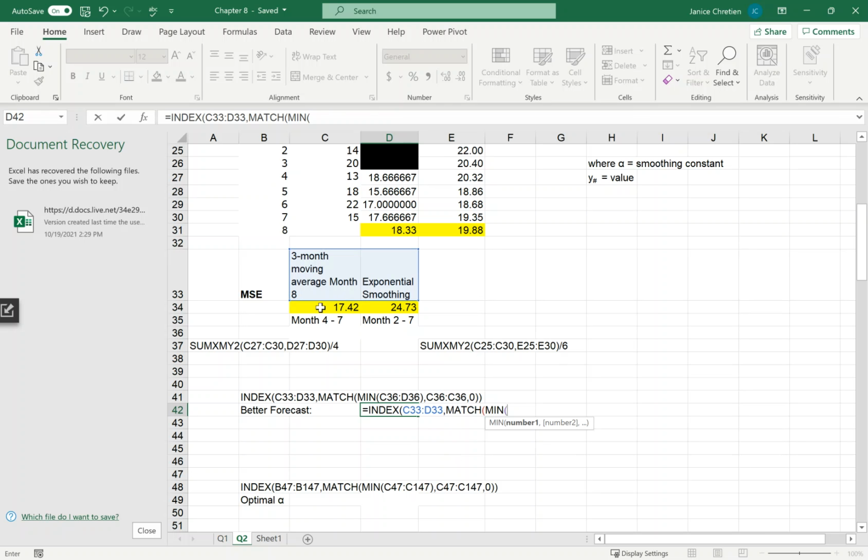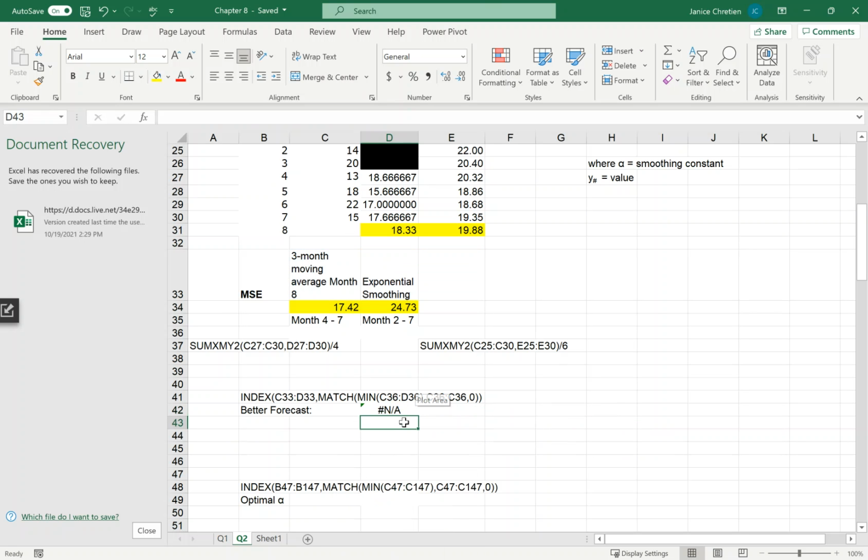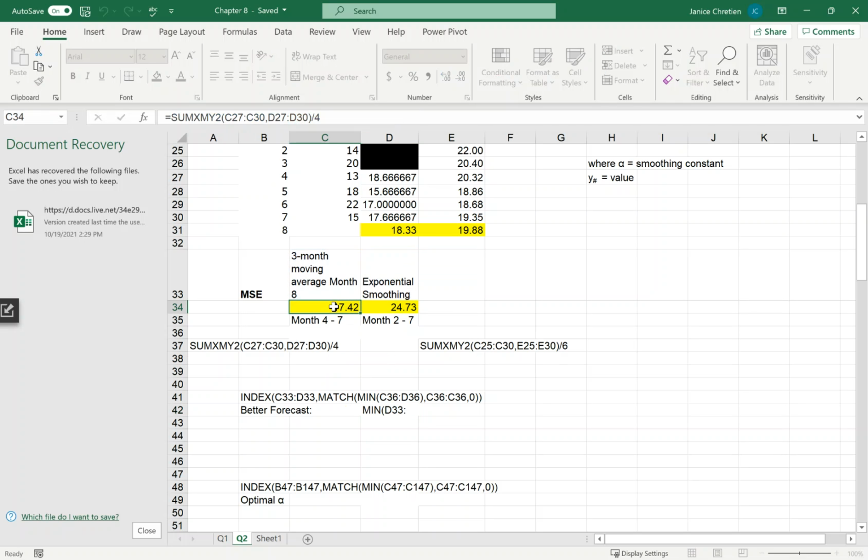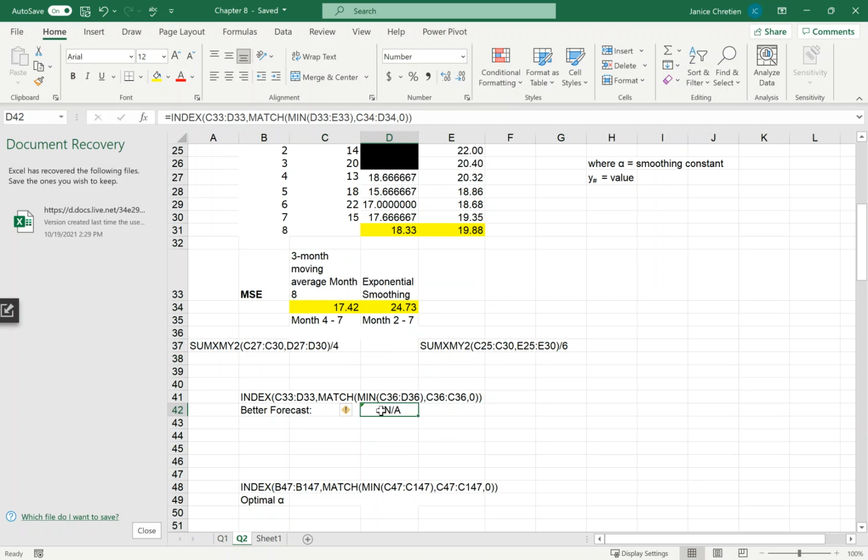So I'm trying to determine between these two numbers. Tell it these two numbers again. Oops, nope, these two. And then comma 0, and what did I do wrong? Earlier I put a period instead of a comma. Match min D33. Oh, I know why. Let's start over.